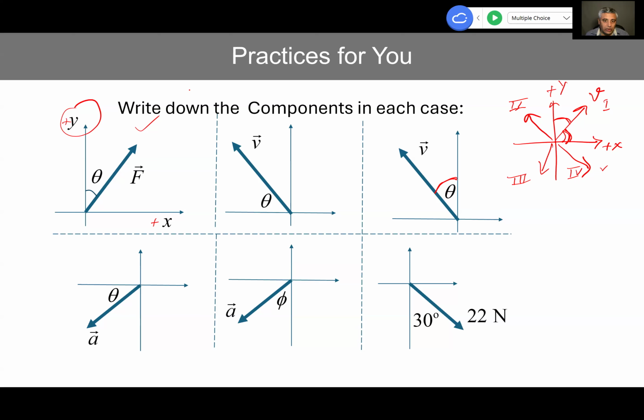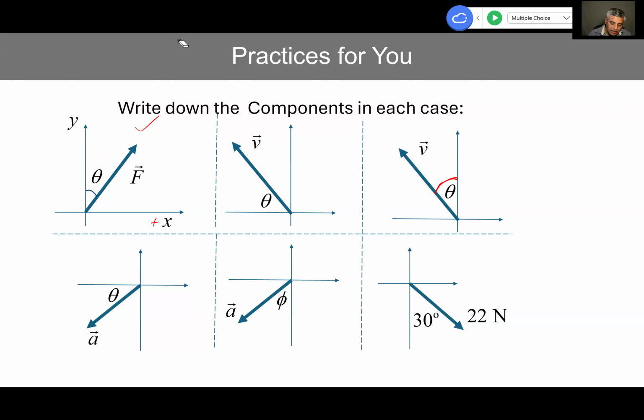That should be your goal, okay? So this is for you, but I'll do one more where the x component may not always be cosine.